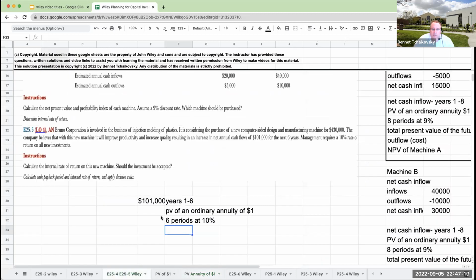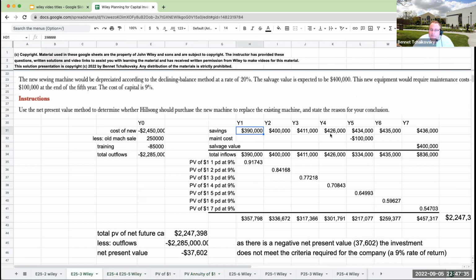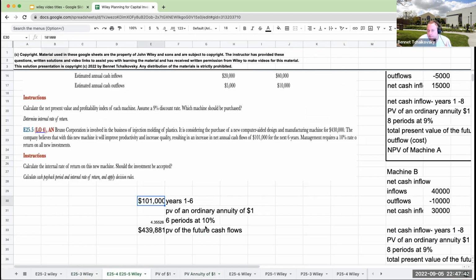I bring that over here. So the present value of the future cash flows, right? And remember, if this wasn't the same, I would have to go and use the present value of $1 for every single one. But because it's the same, I can use this little shortcut.